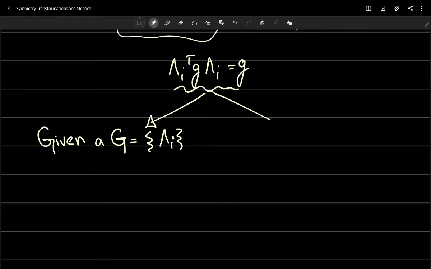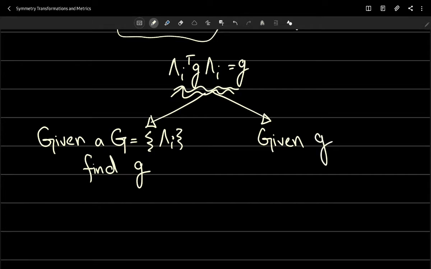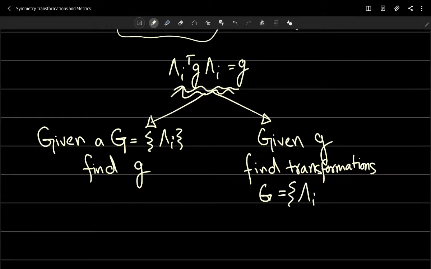If you're given this group, then you find the matrix G. The other way of working this thing out is that you are given a matrix G. So given a matrix G, what you do is you find transformations, the group lambda I, right? So these lambda I transformations.